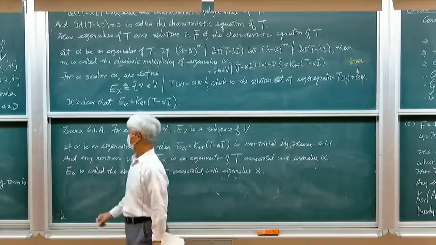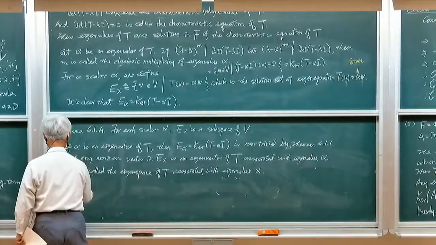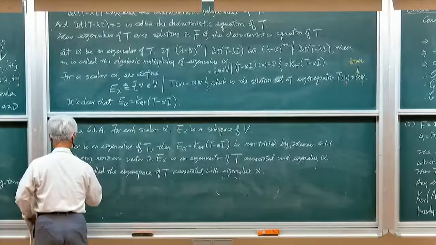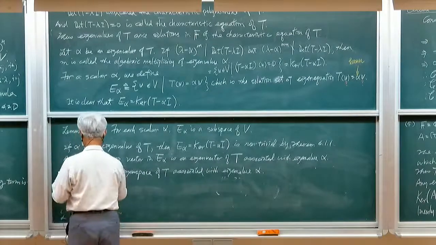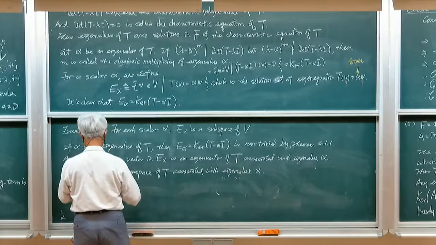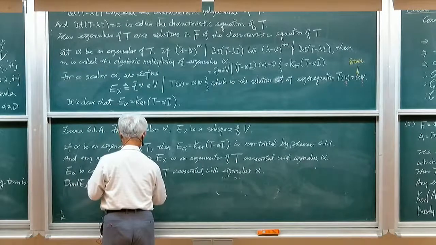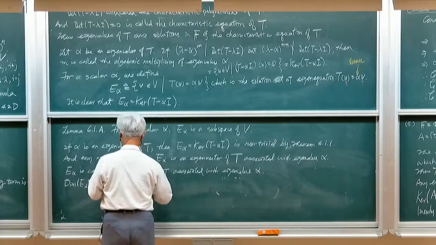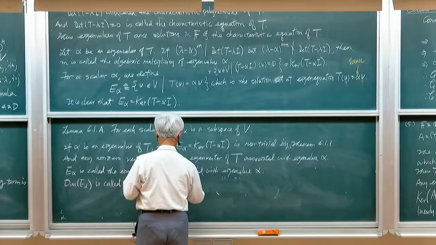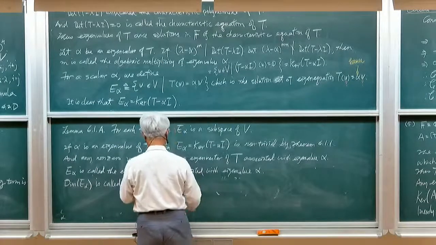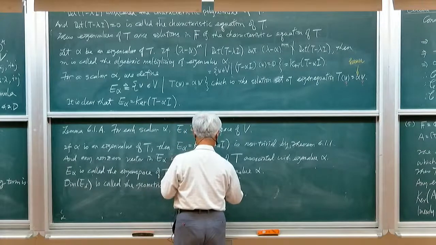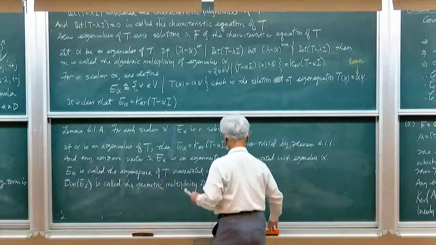And the dimension of E alpha is called the geometric multiplicity of eigenvalue alpha.